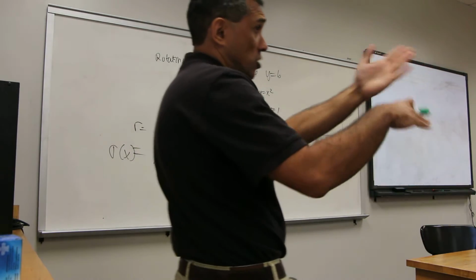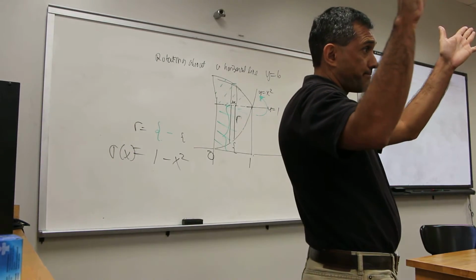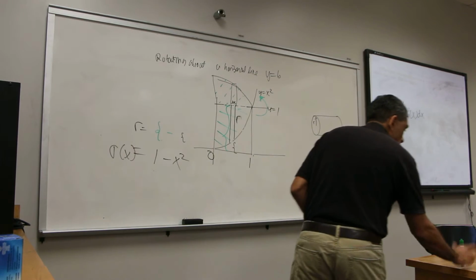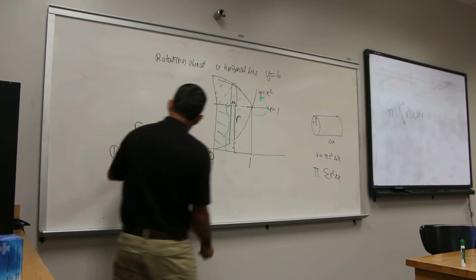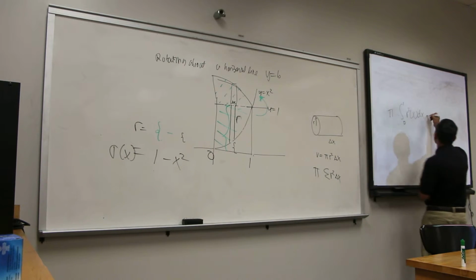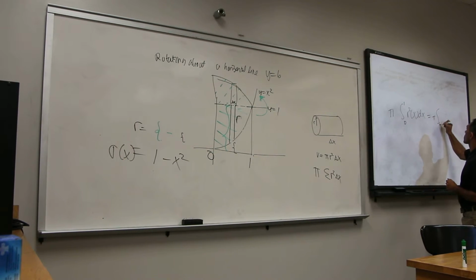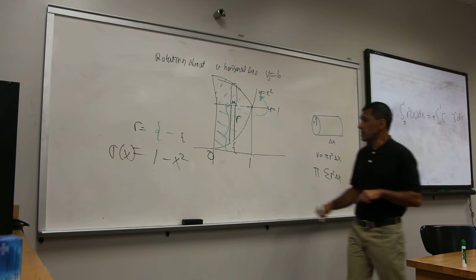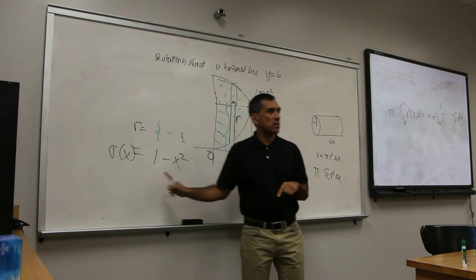The alternative is to change your variables. So my radius as a function of x is, and I will have to square it, 1 minus x squared.